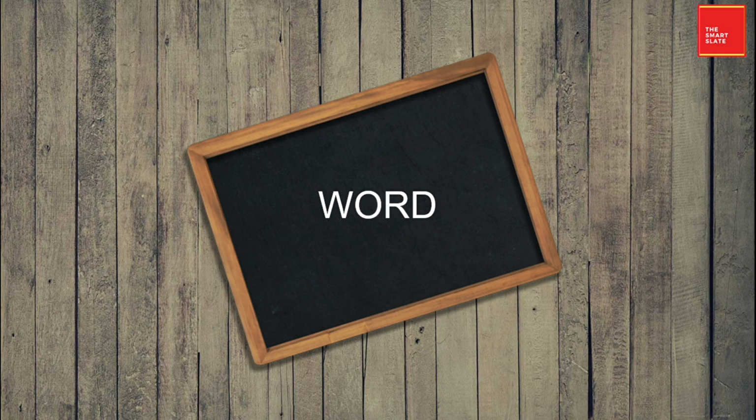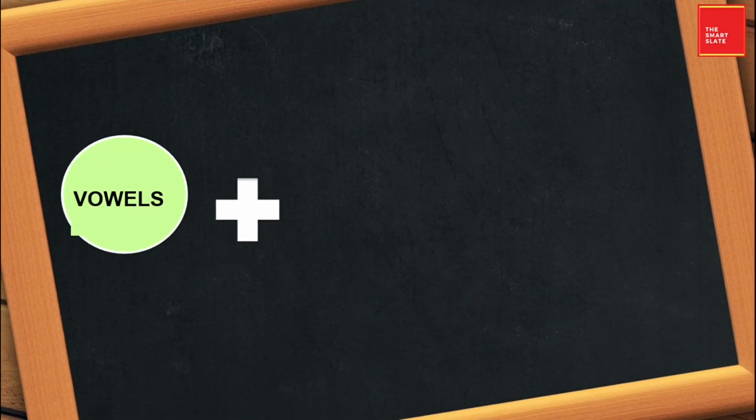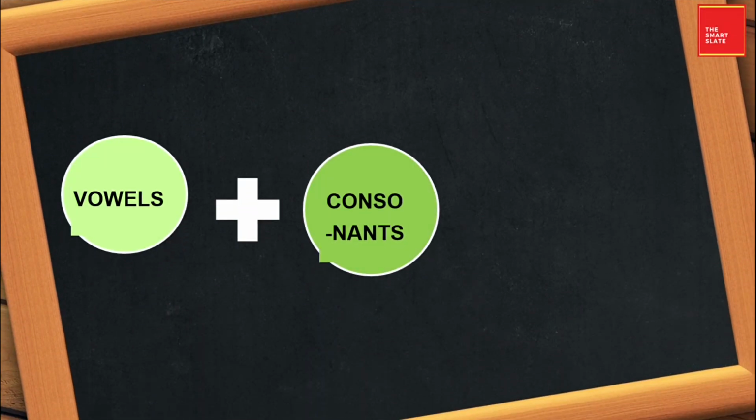Next we'll know more about a word. What is a word? When letters constitute words, when many letters or a few letters are combined, it results in the formation of a word. So letters constitute words. When you add a vowel plus a consonant, you get a word.